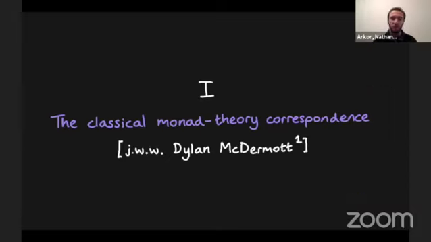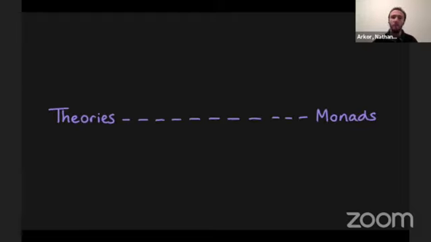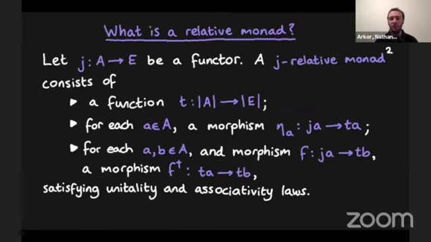So we'll start with the classical setting. We want to draw some bridge between algebraic theories and monads. To do that, we're going to introduce a new component, which is the concept of relative monad. A relative monad is a generalization of a monad from an endofunctor with structure to some arbitrary functor with structure.